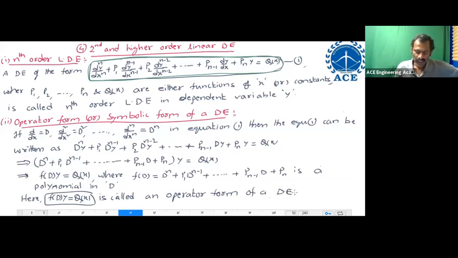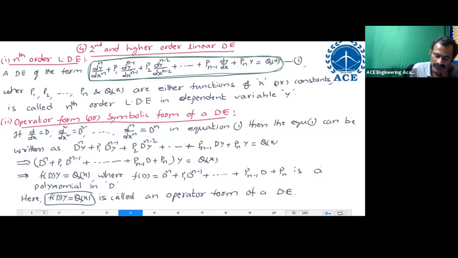Studying the higher order linear differential equation in terms of D notation is the operator form, and this f of D y equal to q of x is the short form of it. We are going to the next page, where we have the third one.